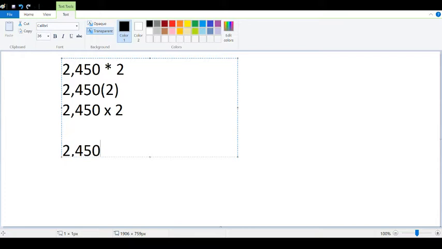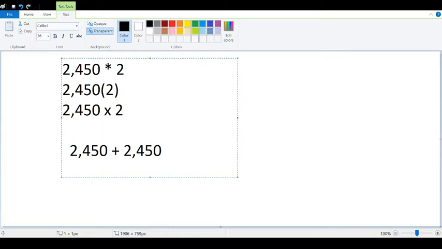We're basically going to add 2450 to itself 2 times. 2450 plus 2450. Okay? And then it's simple. Then you can actually stack it, because in addition, you can stack things.